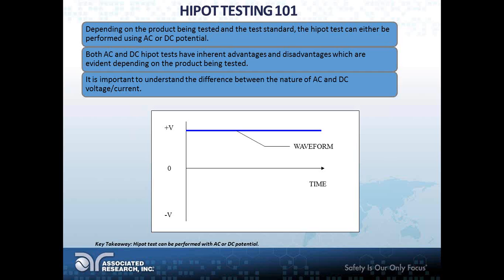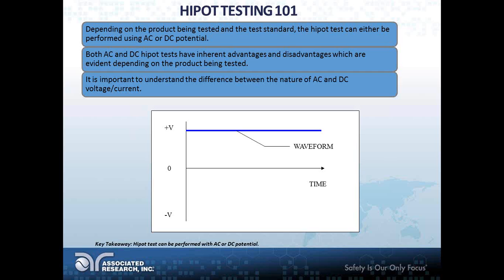Most Hipot manufacturers, such as Associated Research, offer testers with AC or DC output capability. Both the AC and DC Hipot tests have inherent advantages and disadvantages, which are evident depending on the product being tested. But it is important to understand the difference between the nature of AC current and DC current.